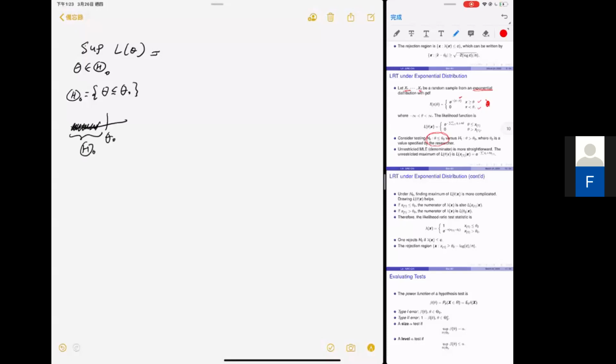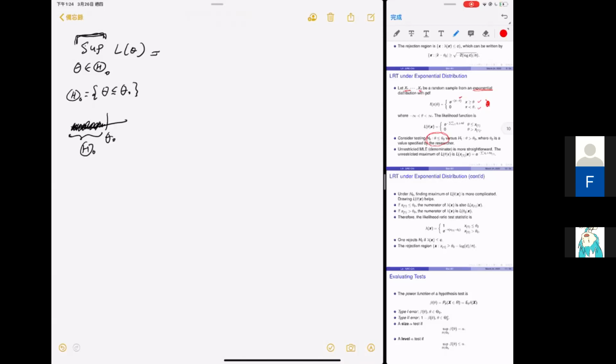So you need to talk about where that supremum occurs. Compared to previous cases, where the null space was only a single point, no discussion, just plug in, here you have so many points in the null space, and you do need to talk about it.